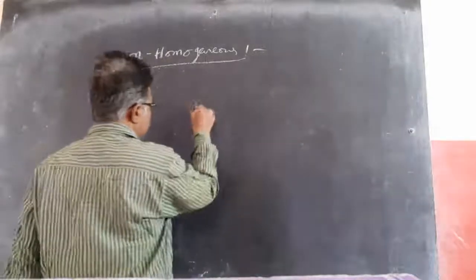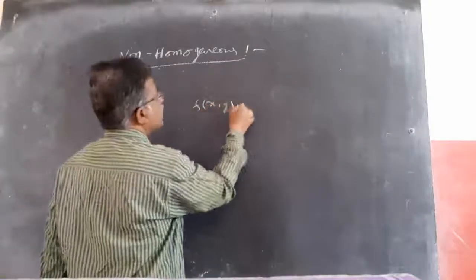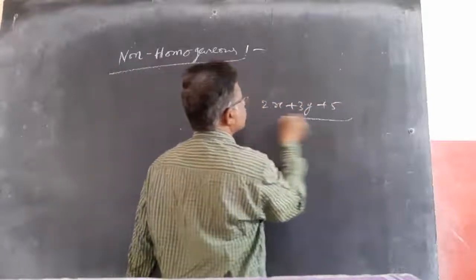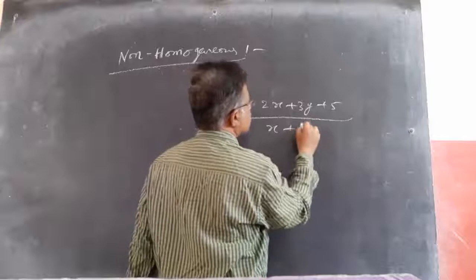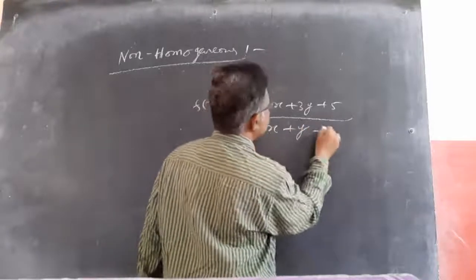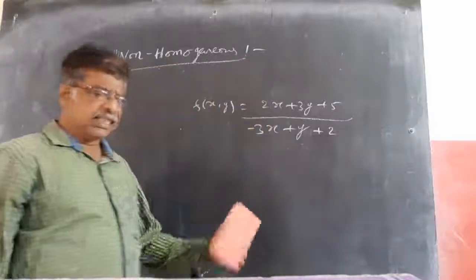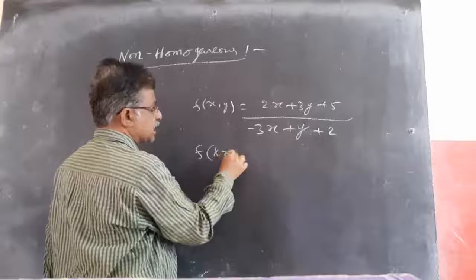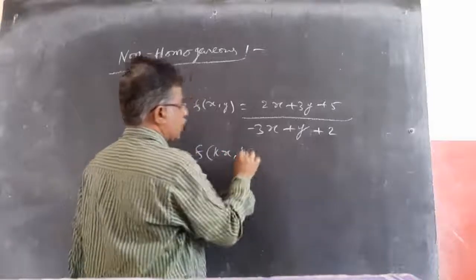For example, f of x comma y equal to (2x plus 3y plus 5) by (3x plus y minus 3x plus y plus 2). Like this, anything. If you find f of kx comma ky, you can't take k outside.